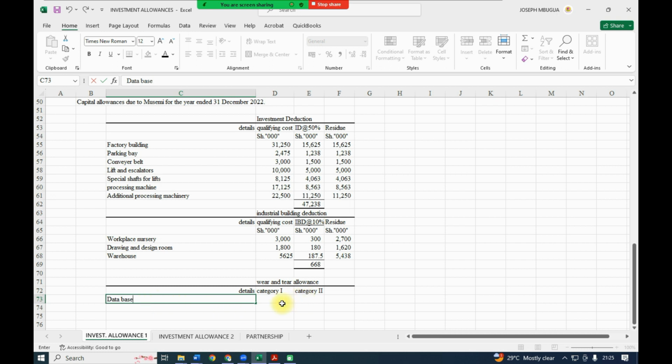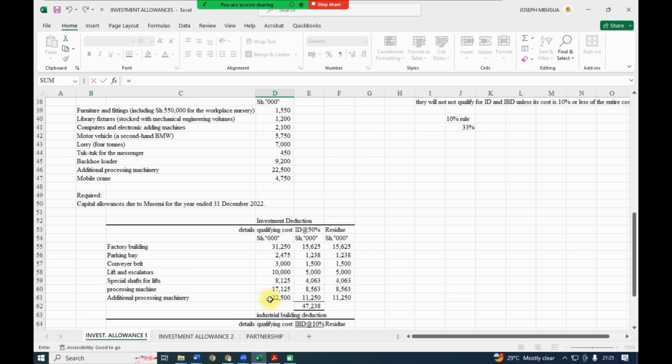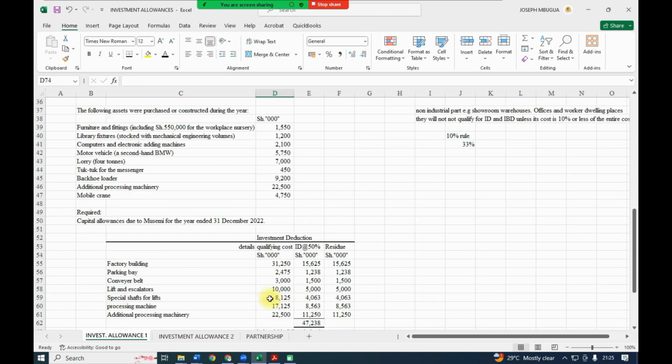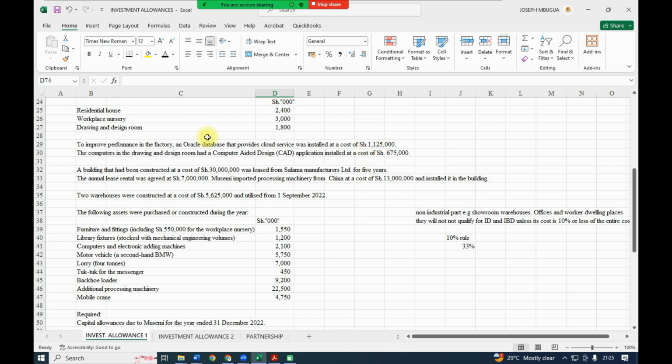For the database, we are told it was 1125 shillings in thousand.